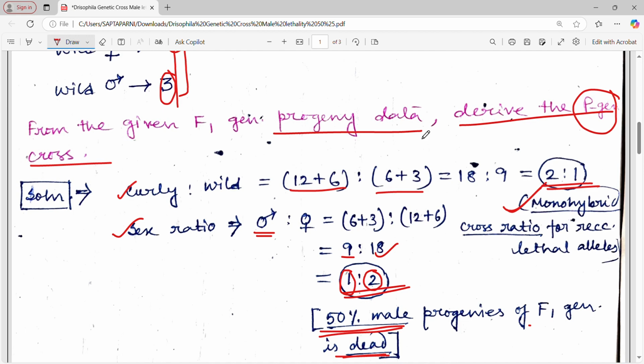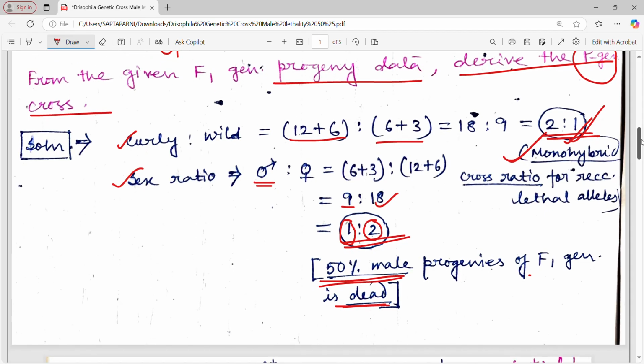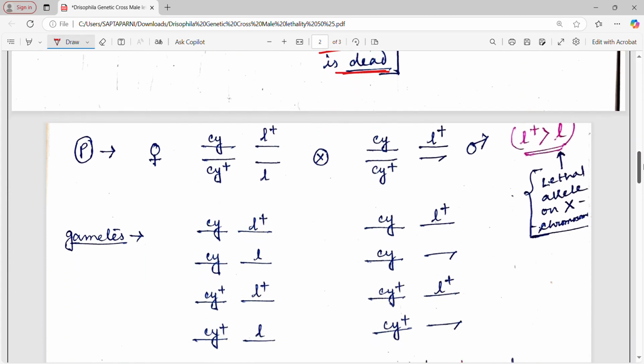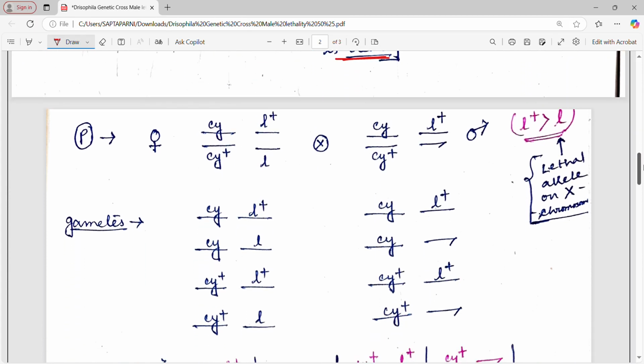Okay. So from these we have to derive the cross. See here, as we can see that it is carrying the monohybrid cross ratio, that is 2:1. From my previous video, if you have watched those videos, you know that in case of monohybrid cross, we consider both the parents as heterozygotes.